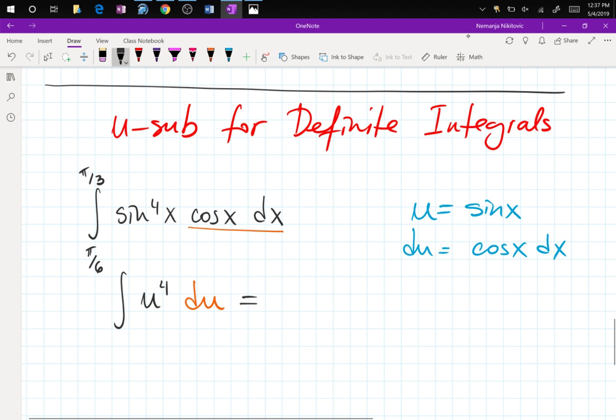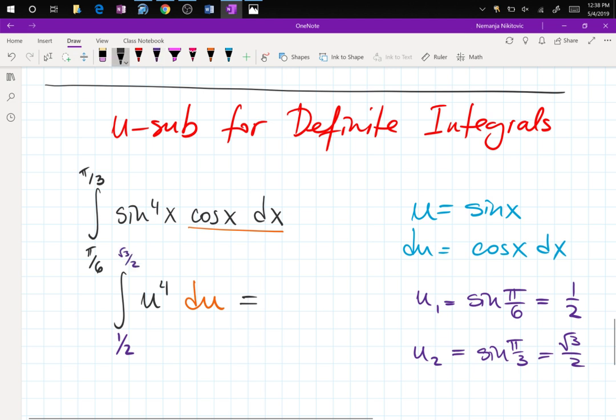Well, that's great. But I have also these limits floating about. So now u1 is going to be sine of pi over 6, which is the bottom limit, which is a half. So the limits change using the regular formula, right? Whatever your u substitution is, sine x, you use that formula to change your upper and lower limits of integration. So sine of pi over 3 is root 3 over 2.